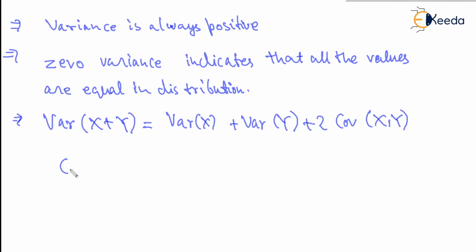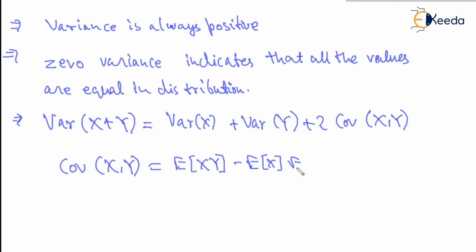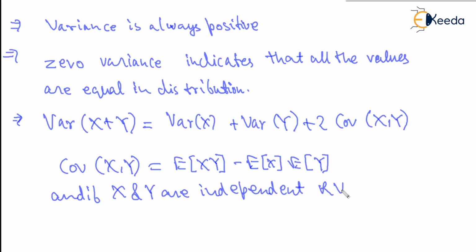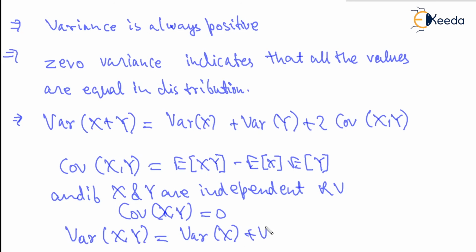This covariance is given by E of xy minus E of x E of y, and if x and y are independent random variables, then covariance of xy is 0, and then variance of x plus y becomes variance of x plus variance of y.